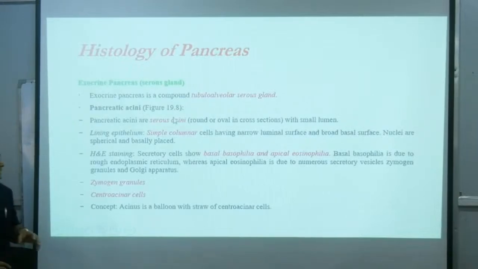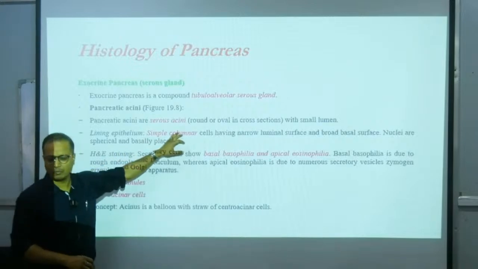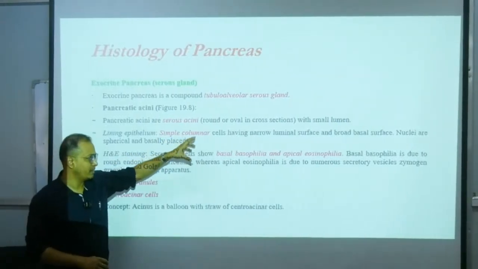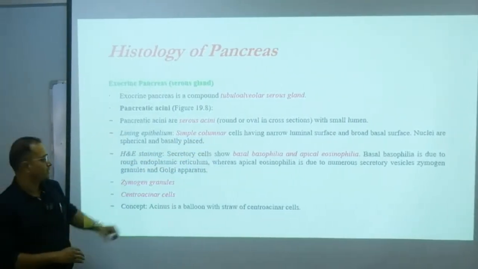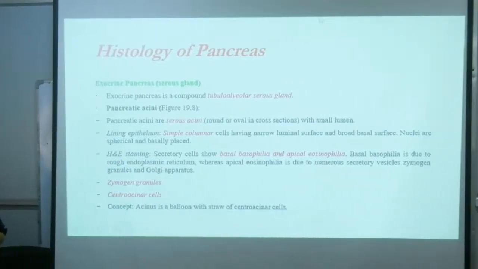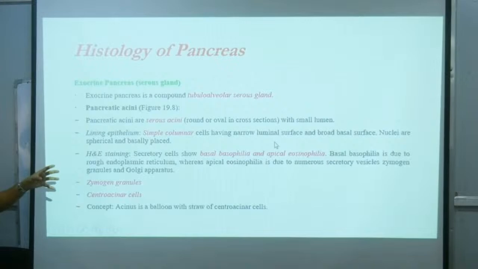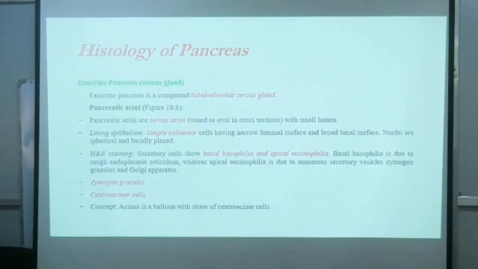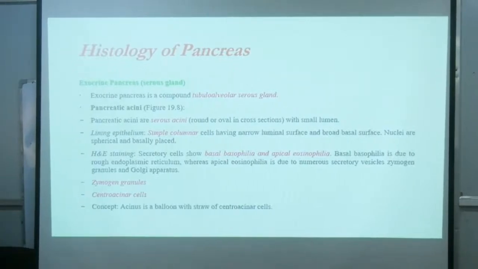The cells of the serous acini are simple columnar, or pyramidal or oval, as we mentioned, and show eosinophilia, as mentioned. That means they are high in stain because of the presence of protein particles, which are rich in degrading elements.